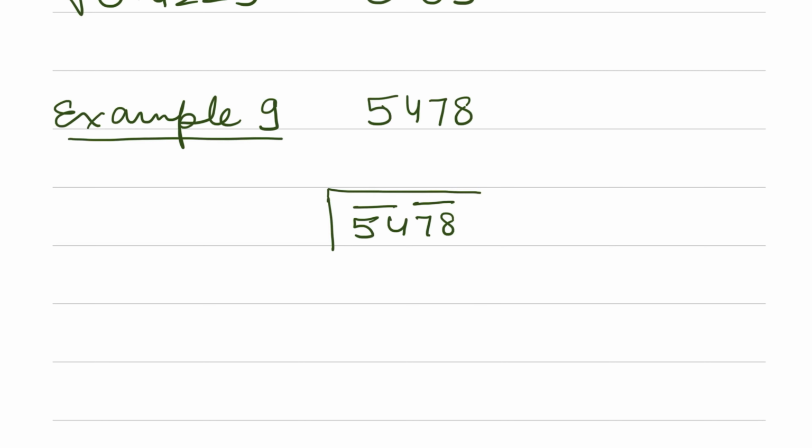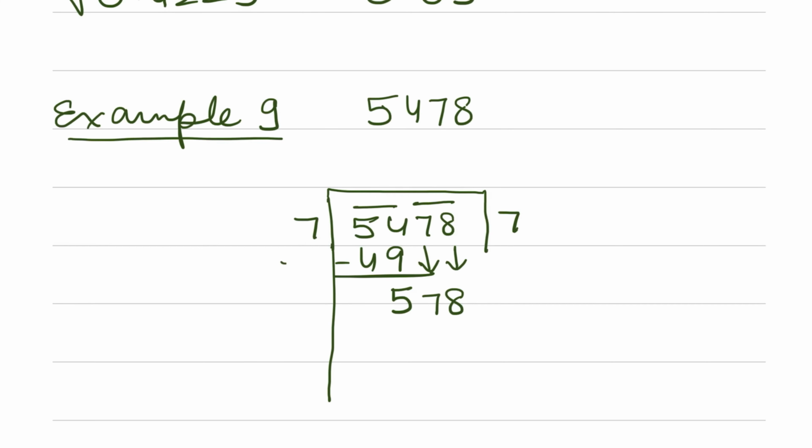Now we have to think of a number which when multiplied by itself should give me less than or equal to 54. So 7 times 7, 49. Subtracting, I get 5, and then I have to take down these two numbers, 78.